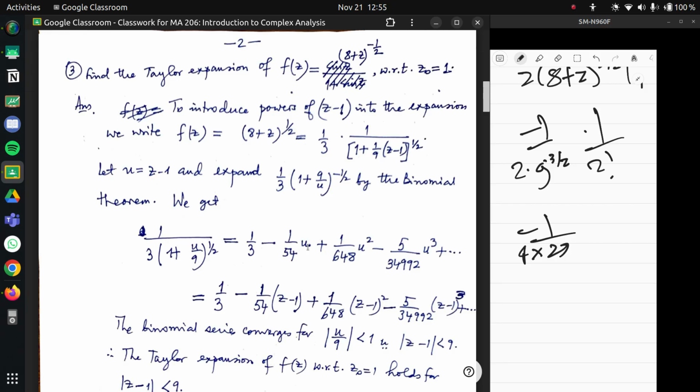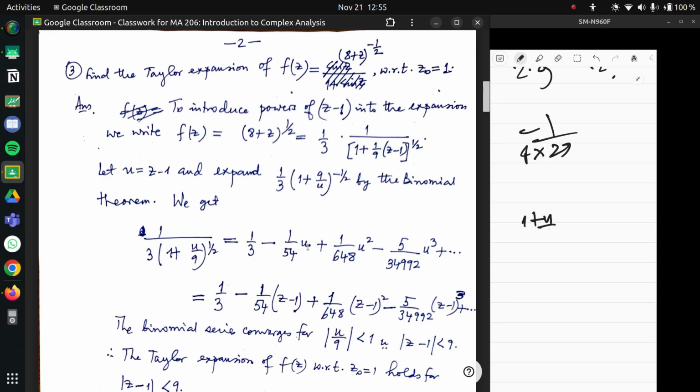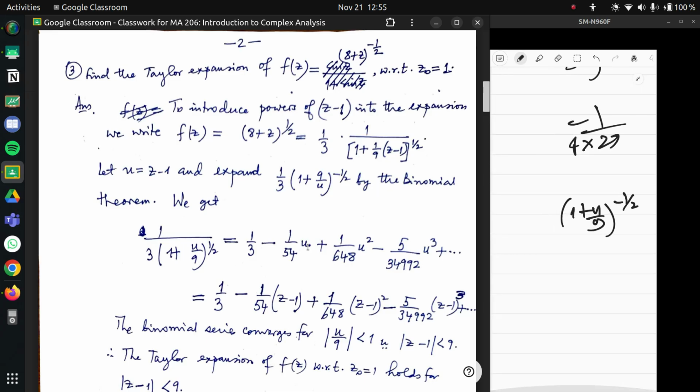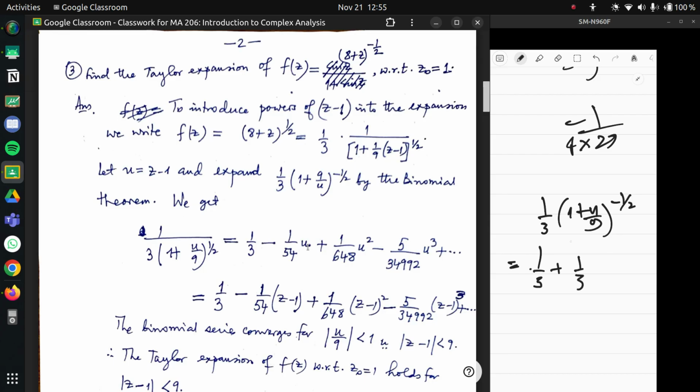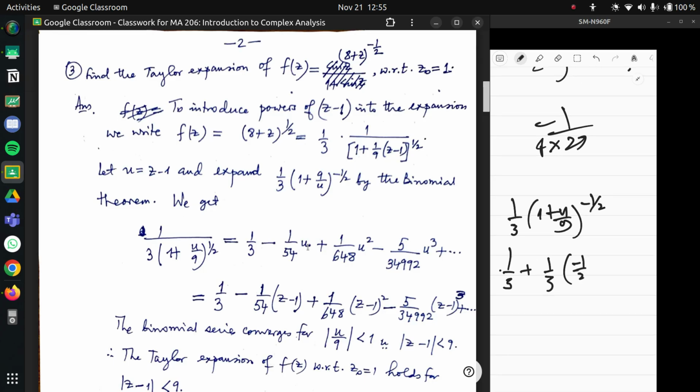Why was my thing failing? Why did that happen? Can't we just use binomial expansion? I mean, what you essentially have is just 1 plus u by 9 to the power of negative 1 by 2, right? Yeah, 1/3 of that, of course. But it's going to be like 1/3 short and then plus the other one. So just negative 1 by 2.